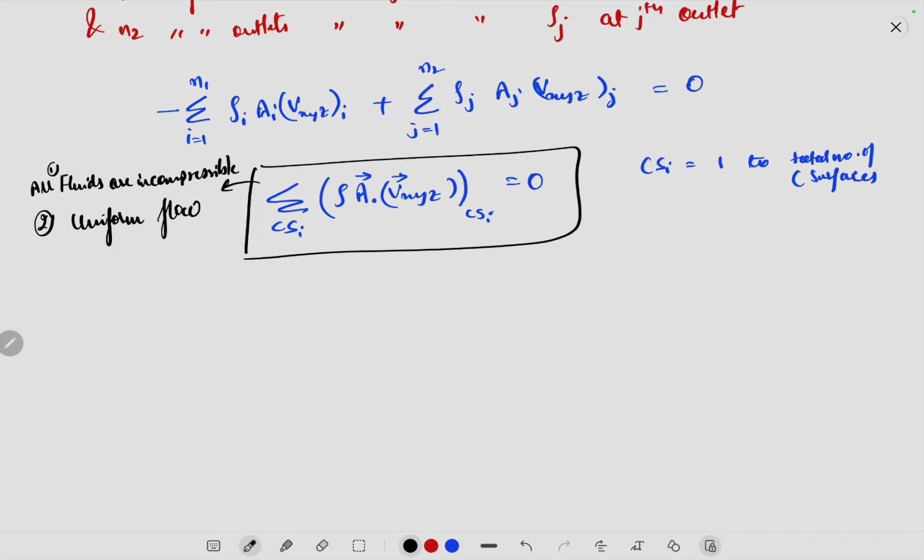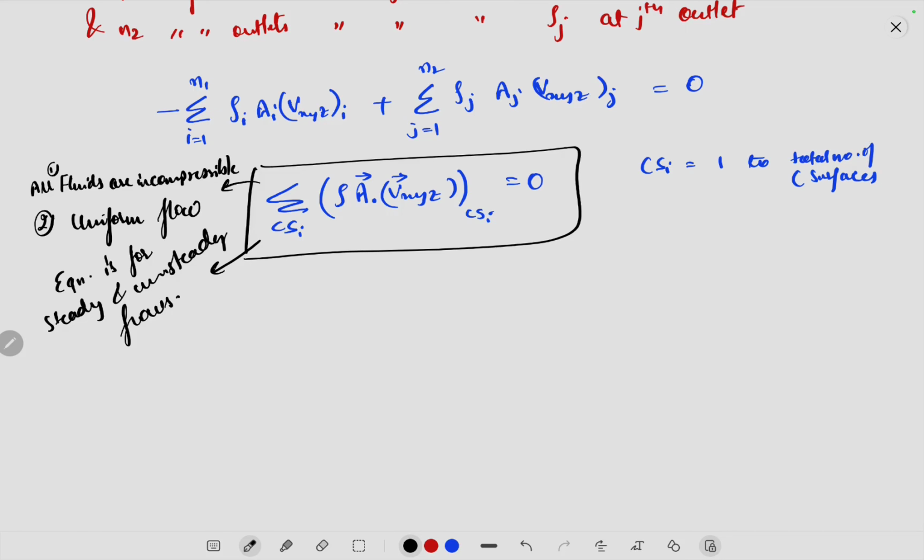Okay, and please note that since we have not made any assumption on whether the flow is steady or not, this equation is for steady and unsteady flows.